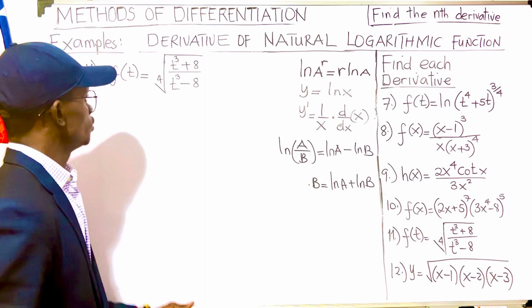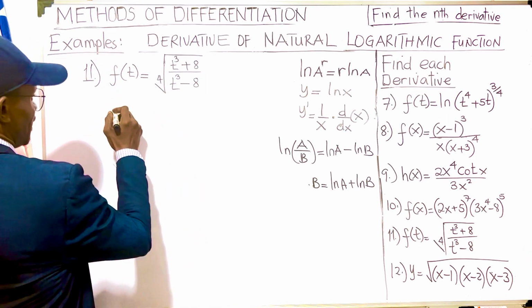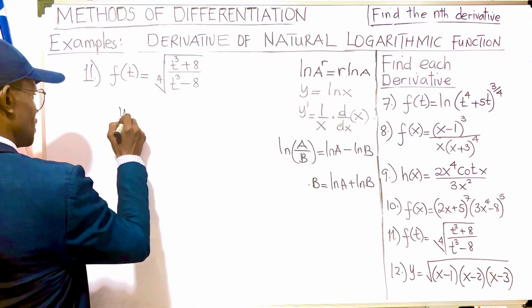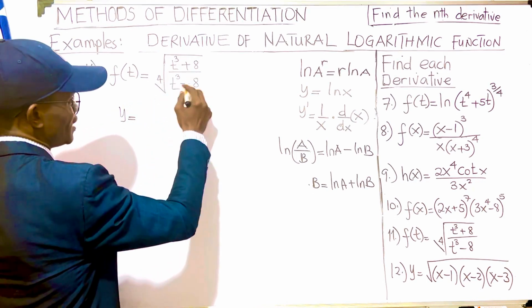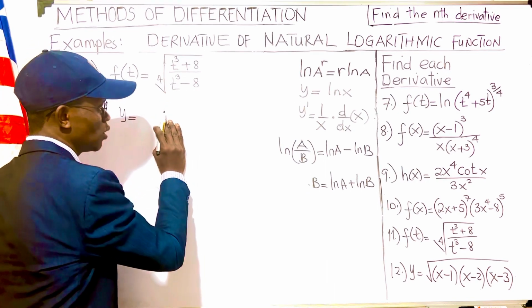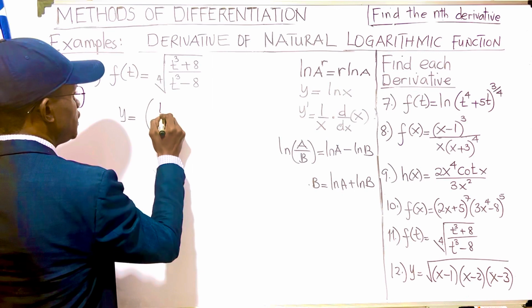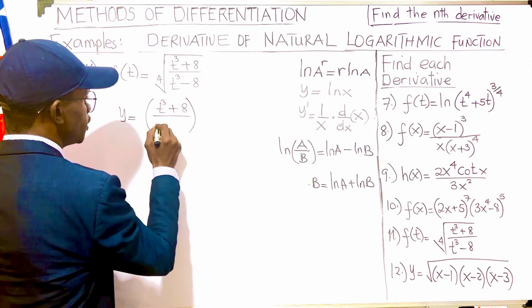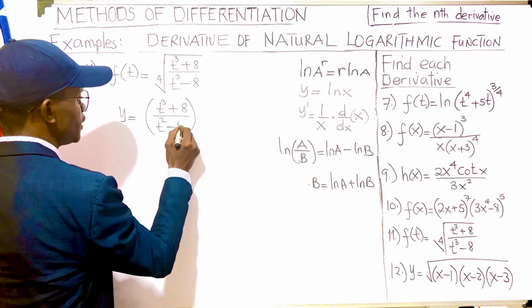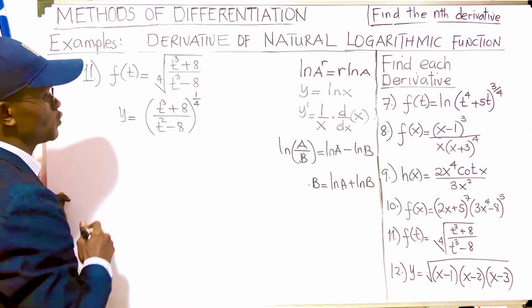equation. So we first rewrite this f of t by replacing it with y. Now we can rewrite this as well into exponential form. So we have t cubed plus 8 all over t cubed minus 8, all raised to the power 1 over 4, because it is the fourth root.